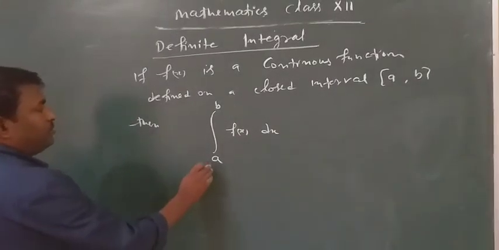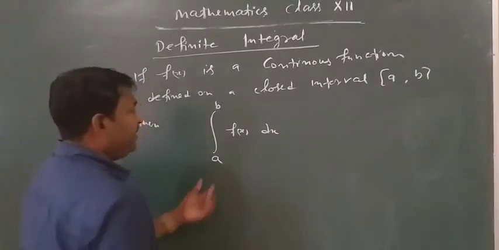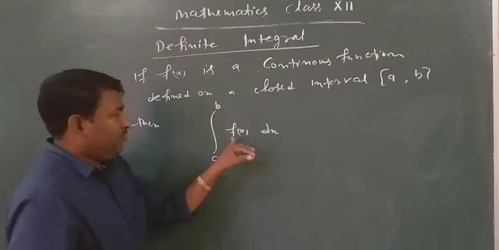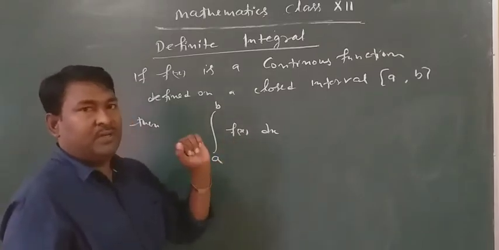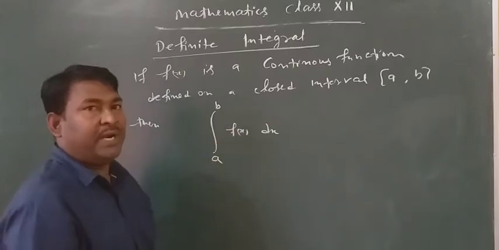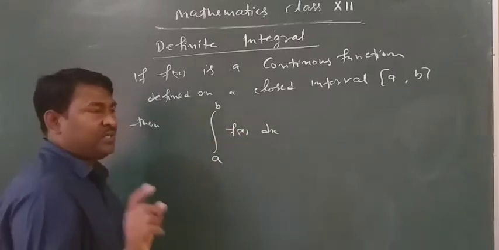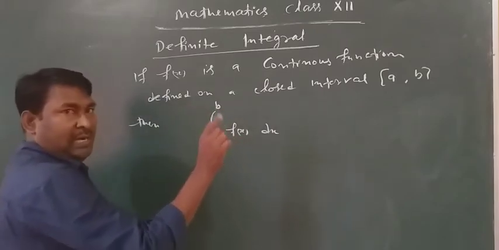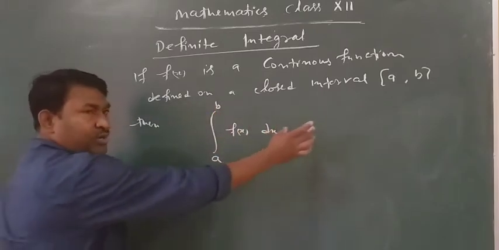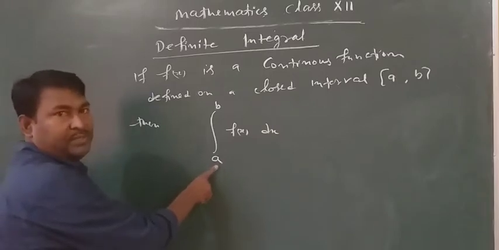How will you solve it? The basic method is to find the integral of this function. Thereafter, in the result, put at the place of x first of all the upper limit, minus, at the place of x in the whole result, put the lower limit.